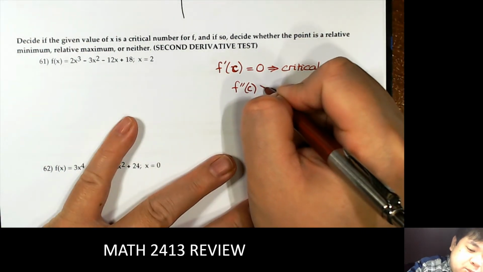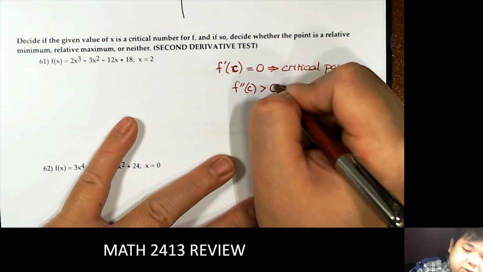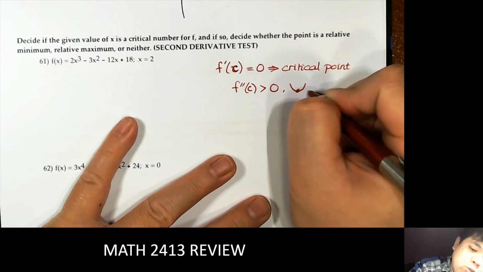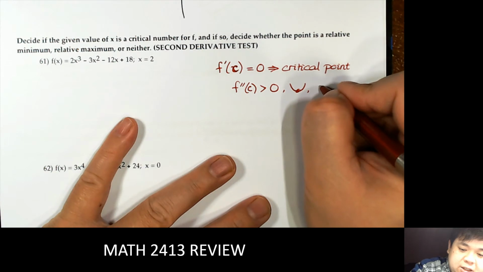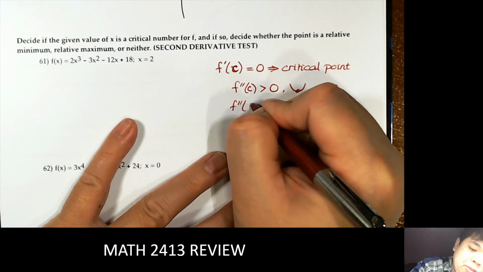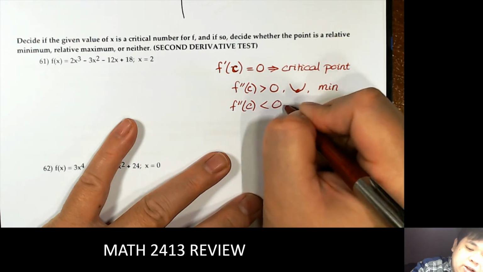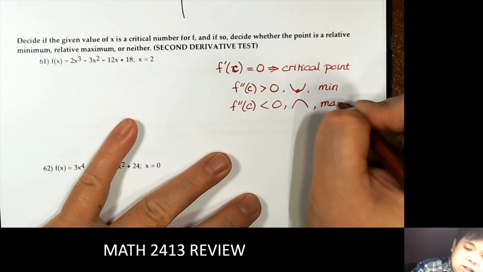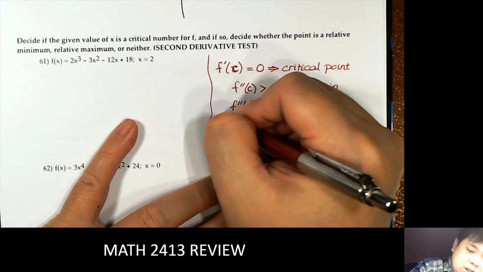If the second derivative is positive, it is concave up, and that point would be a min. If the second derivative is negative, it is concave down, and that would be a max. And that is the second derivative test.